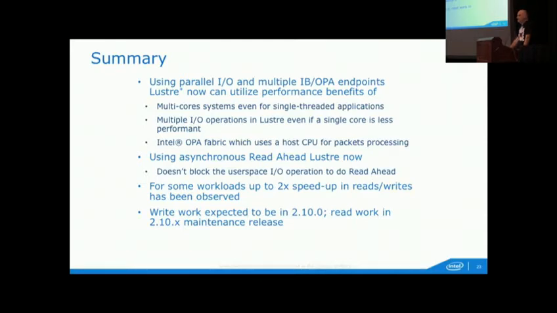Finally, I'd like to say that the write work has already landed in 2.10 Lustre. The read operation needs to be improved, and I hope it will land in the next maintenance release of 2.10.